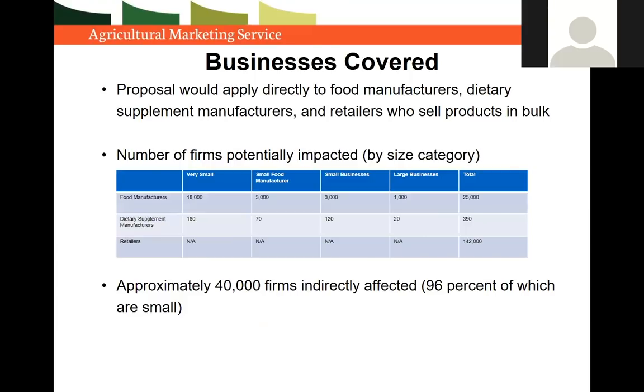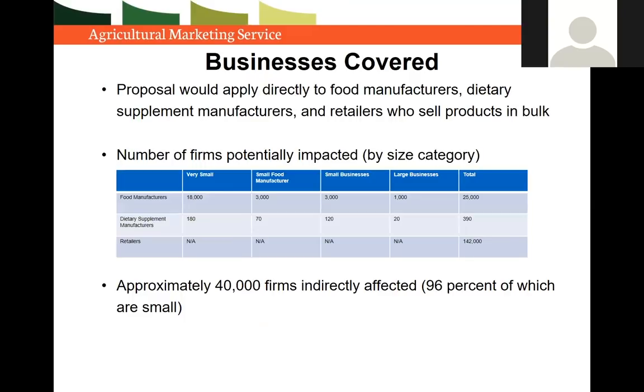The statute provides exemptions and extensions for very small food manufacturers and small manufacturers. We do not estimate the number of retailers that would fit into these categories. However, retailers that meet the SBA definition of small account for almost 99% of all retailers. In addition to the firms directly regulated in this program, there are additional firms in other industries, particularly wholesalers, that may face consumer-driven costs associated with increased demand for BE information on intermediate ingredients or other supplies.